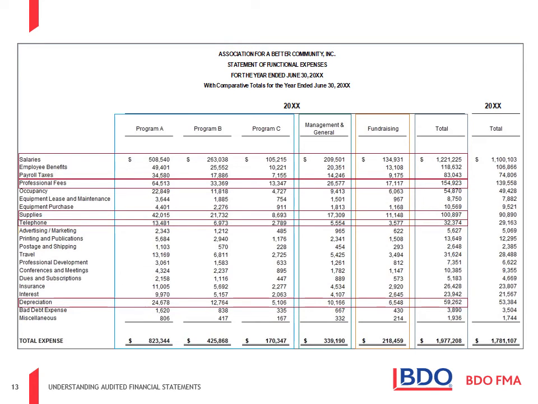The organization comes up with an allocation strategy or an allocation methodology to share expenses like telephone, depreciation, insurance, and interest across the different programs and functions that benefit from those items. Ideally, your organization should actually be budgeting on this basis as well.